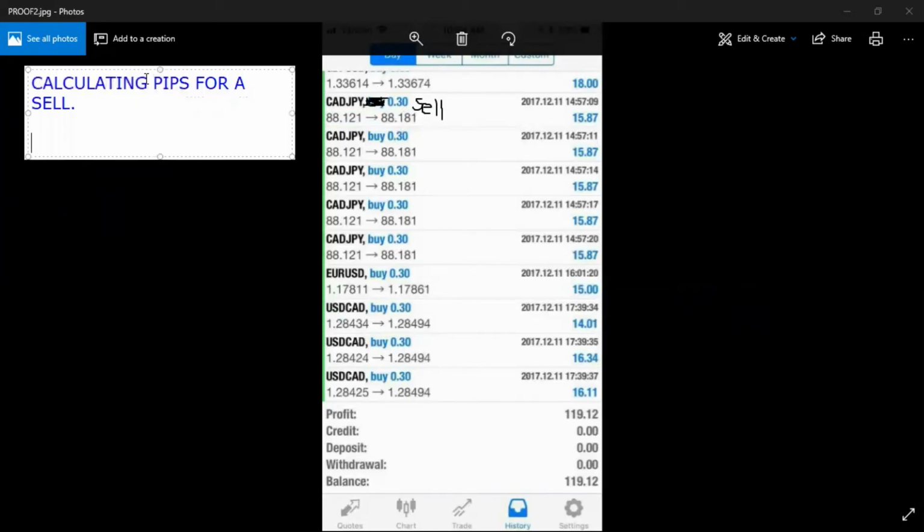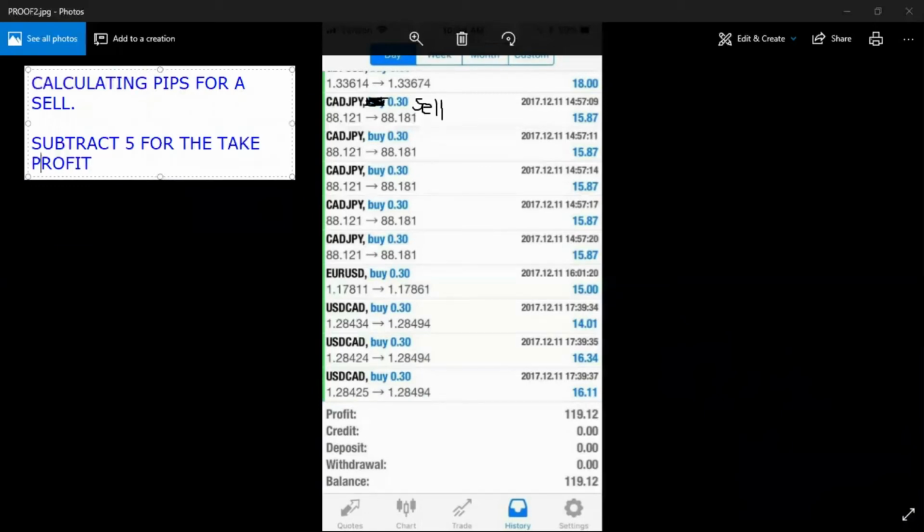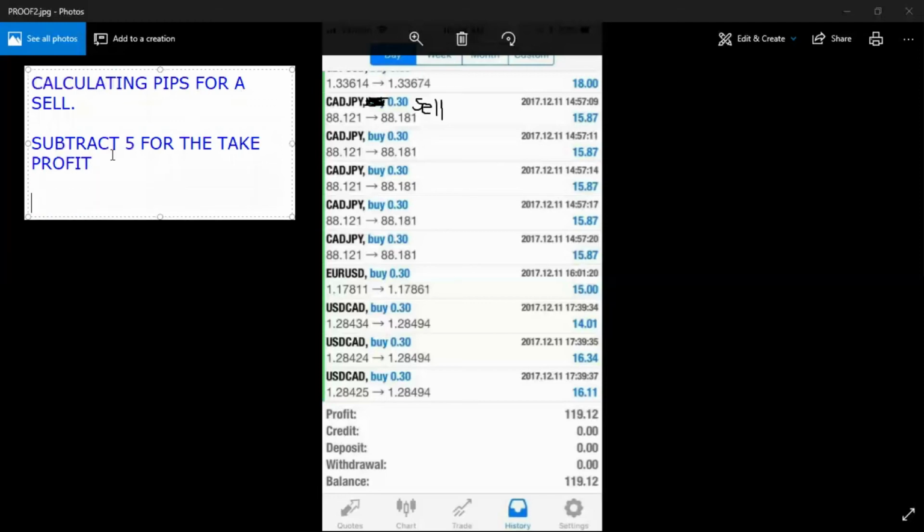So now you want to subtract 5 for the take profit because you want the market to go down to get to your take profit. So for the stop loss, add 25, because that means that the market went backwards in order for it to hit your stop loss.